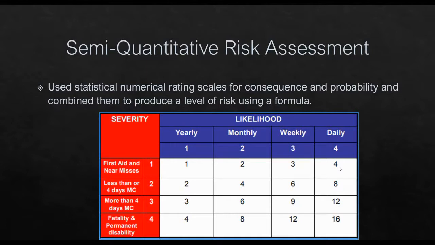So the risk is only 4. 4 multiplied by 1, only 4. Even though we see a hazard is there, it does not necessarily mean that the hazard has high severity and likelihood. It depends on our assessment.